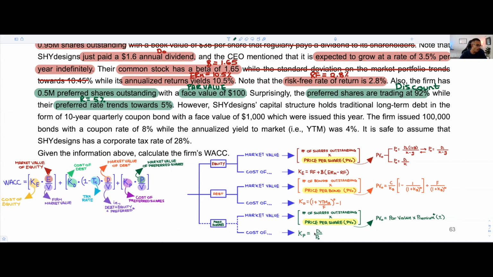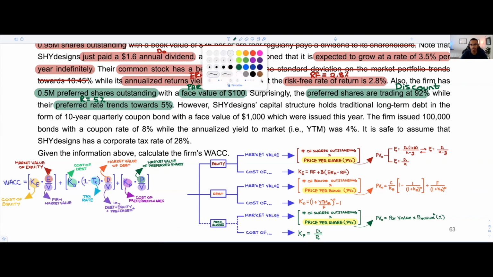They're telling you, however, Shy Design's capital structure holds traditional long-term debt in the form of 10-year quarterly coupon bonds with a face value of $1,000, which were issued this year. A lot of stuff here in this sentence, but let's take our time and highlight this in orange and try to make sense of what has been shared with us.